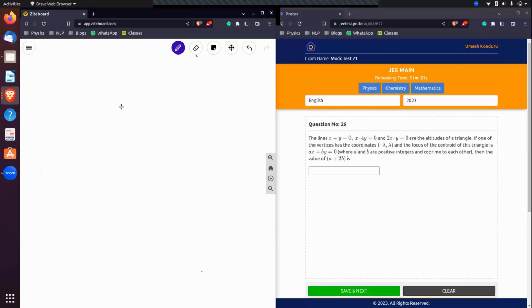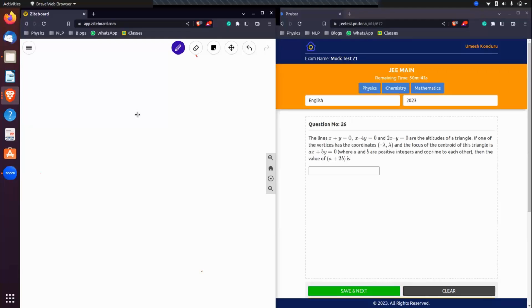We have a triangle, the equations of the altitudes have been given, and we've been given 1 point. So I suppose what they mean to say is the point on this line, x plus y equal to 0, if you keep varying that point, then how is the centroid going to change?